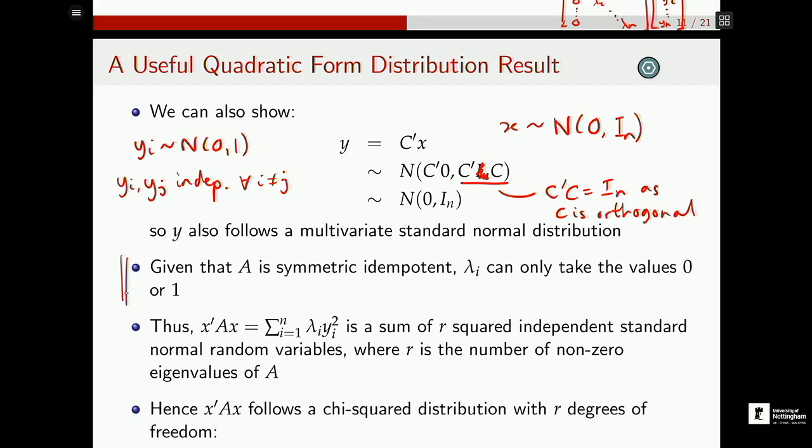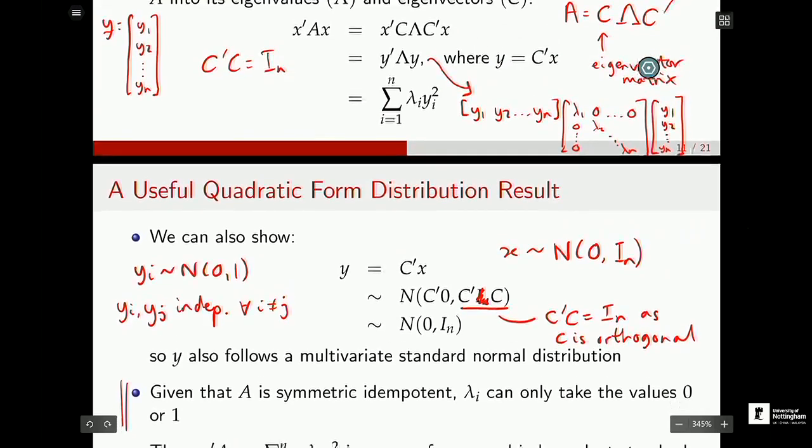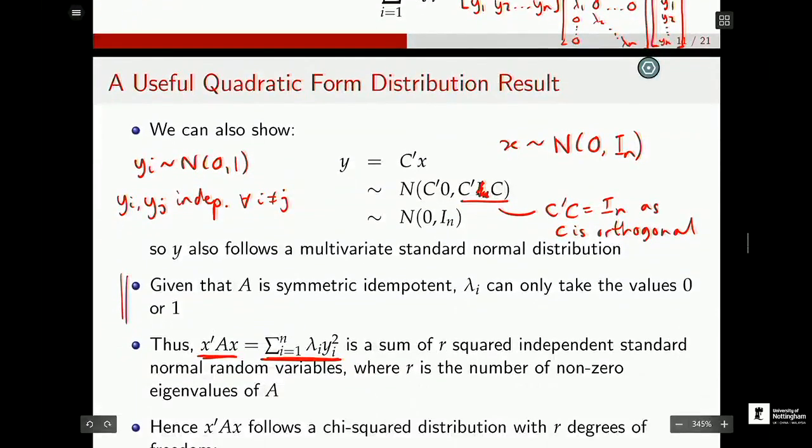So, putting it all together then, our quadratic form, x transpose Ax, can be written as the sum of eigenvalues times y squared from this part here. Now these eigenvalues can only be 0 or 1.